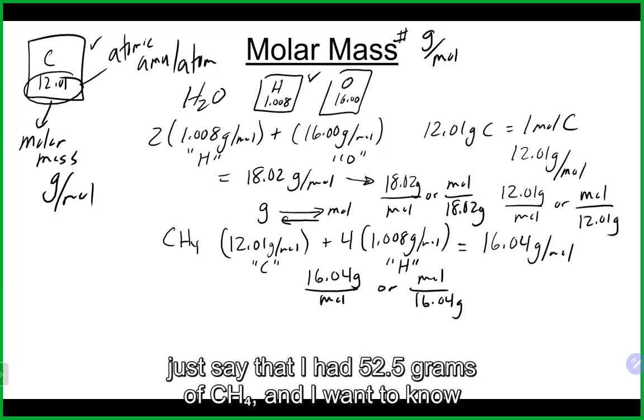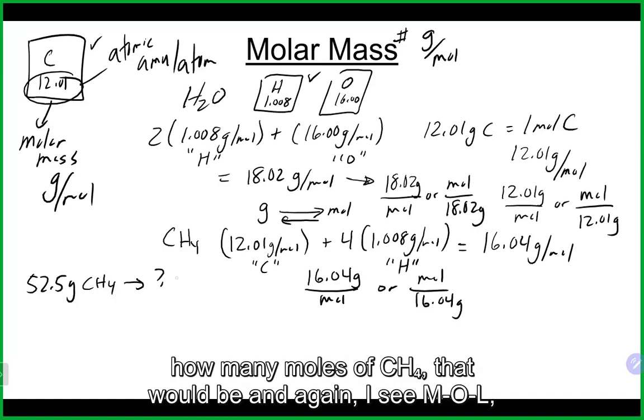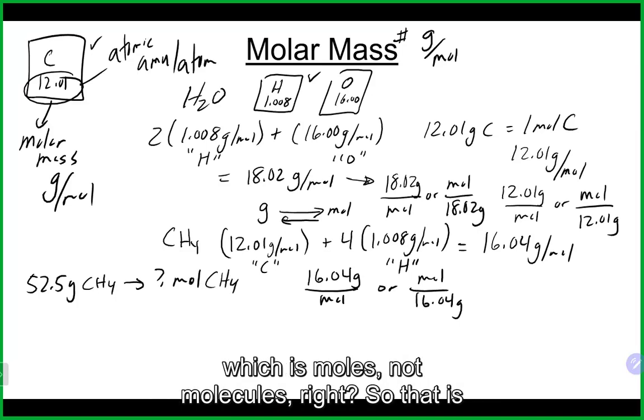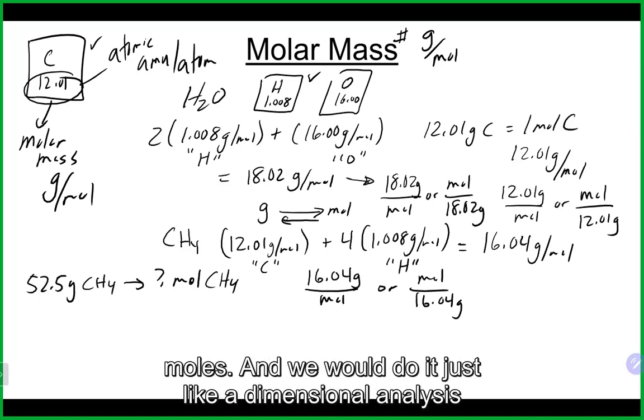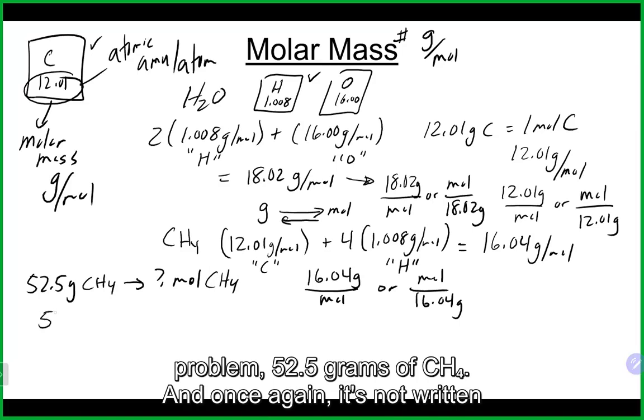So for example, let's just say that I had 52.5 grams of CH4, and I want to know how many moles of CH4 that would be. And again, I see MOL, which is moles, not molecules, right? So that is moles. And we would do it just like a dimensional analysis problem, 52.5 grams of CH4.